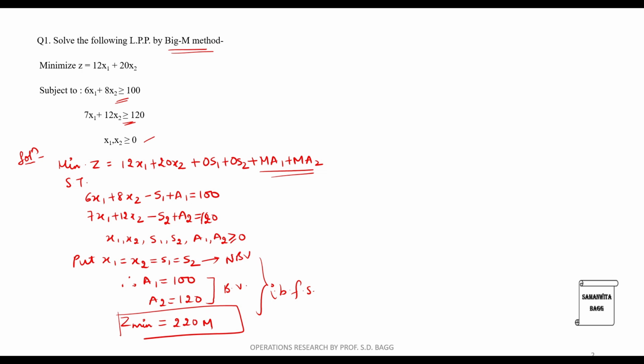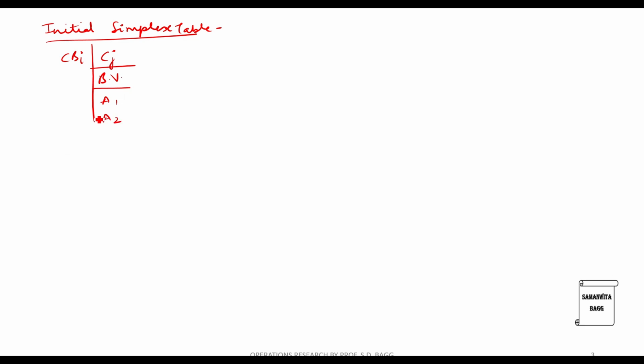After this, we will go for the making of the initial simplex table. So what we are doing is we are forming a table. We will start with CB, Cj, basic variable. The basic variables are A1 and A2.